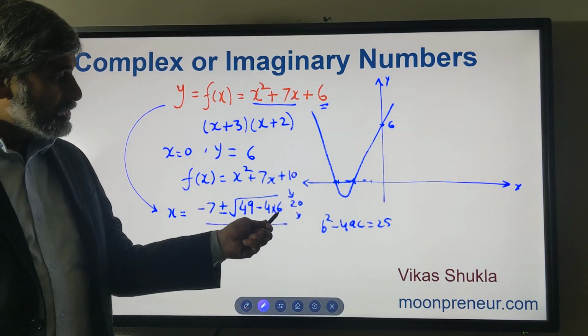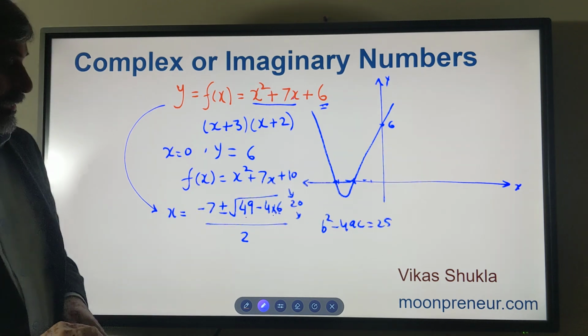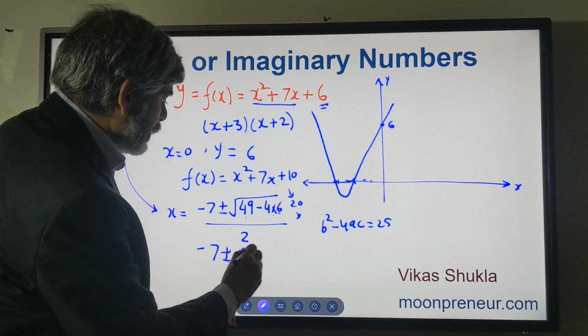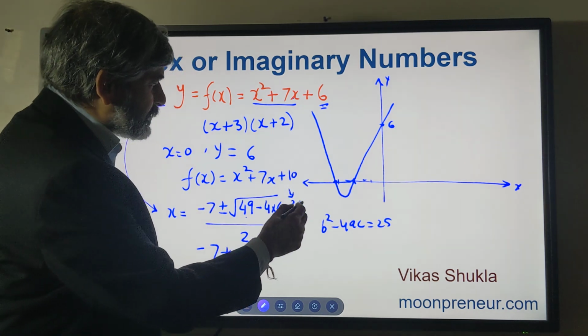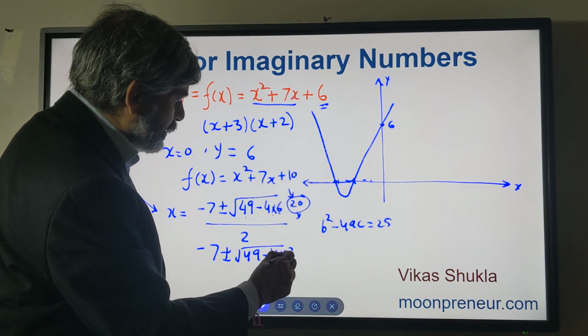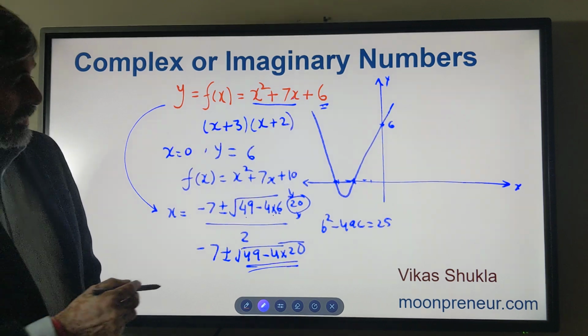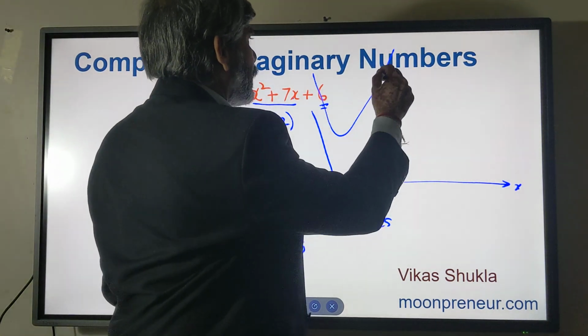When I increase this number 6 to, let's say, 10, what happens? Or even let's say 20. This solution becomes minus 7 plus minus square root of 49 minus 4 into 20. This thing becomes negative. When this is negative, the parabola will look something like this.